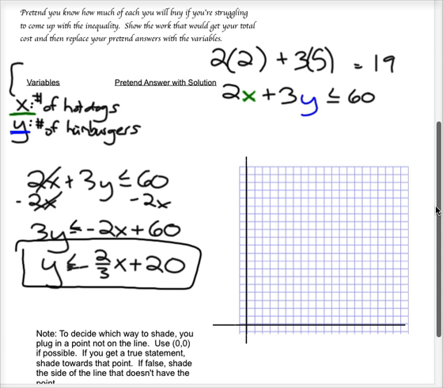Okay, now, in order to graph this, the first thing we have to realize is x is the number of hot dogs. So hot dogs goes down here, and hamburgers is my y. So hamburgers goes along the side there. Now the first thing is we start at the y-intercept. So I'm going to plot that 20 first.